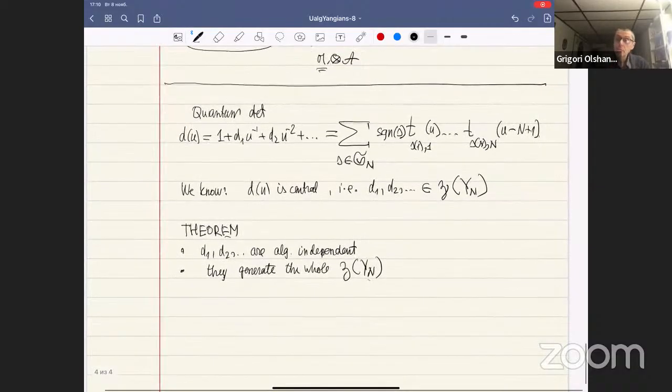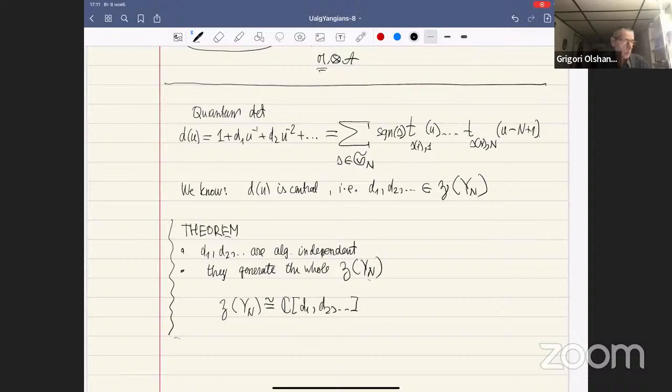So actually this center is just the algebra of polynomials in these coefficients in the expansion of a quantum determinant. So this is the result.